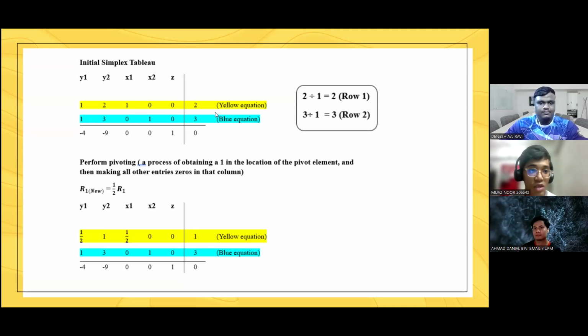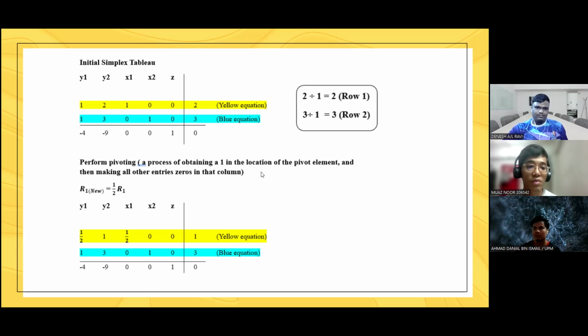After that, we transfer all the equations into the initial simplex tableau, which is the yellow equation and blue equation. We divide the most right number with the most left number, and then we found out that the yellow equation has a lower value compared to the blue equation, and then we set the yellow equation as the row one.